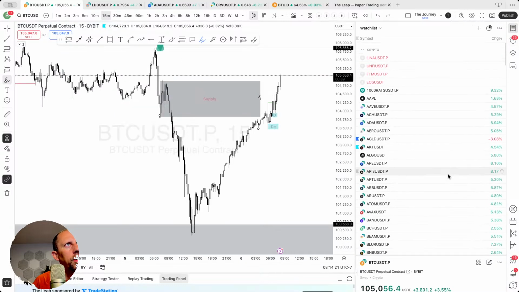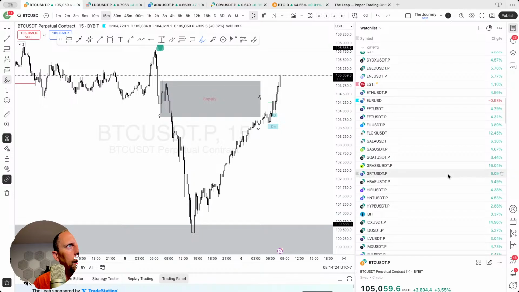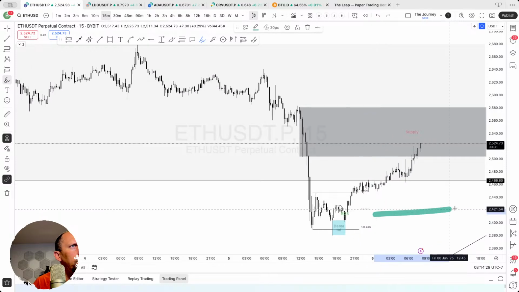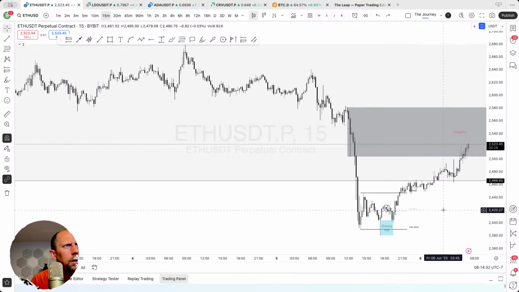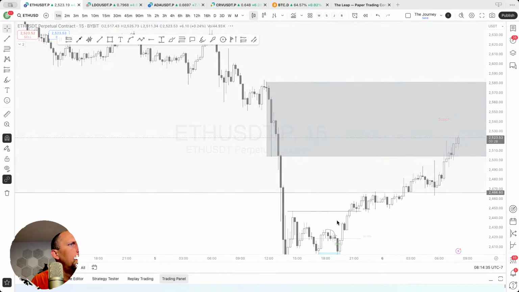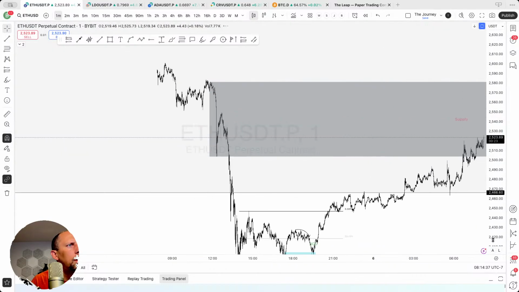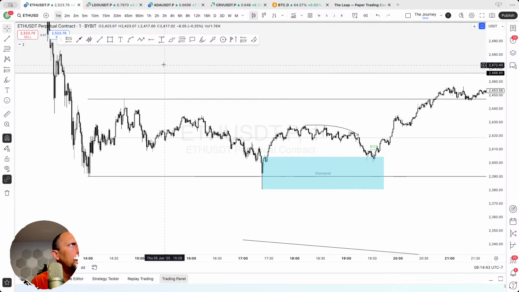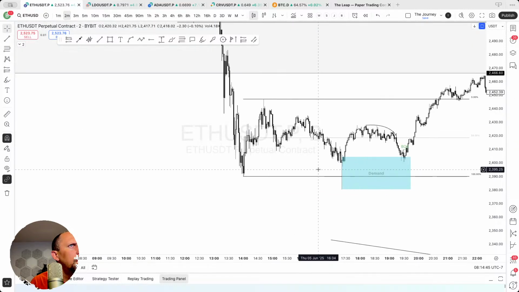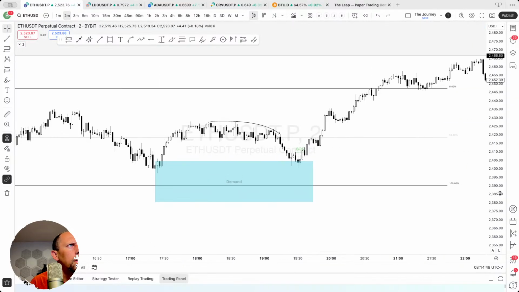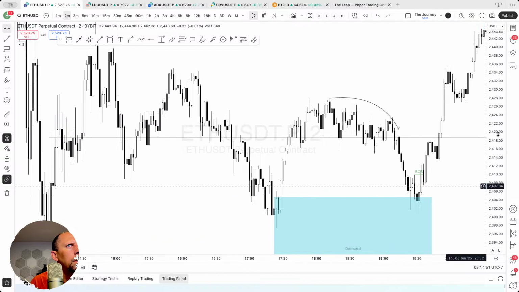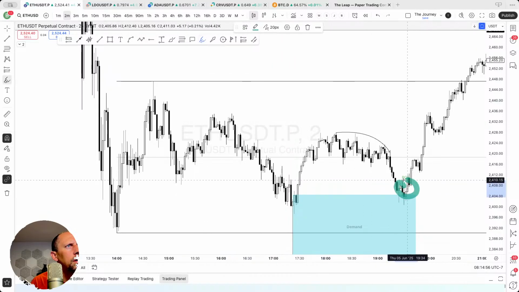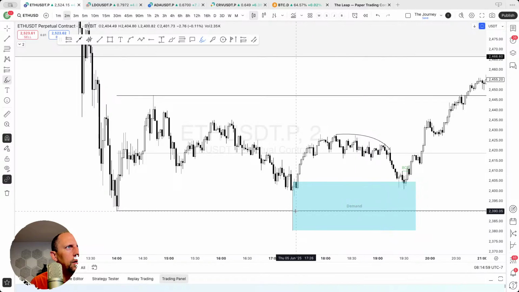Like there was a 1 minute break of structure on ETH, actually it was a 2 minute. To me, I could only make use of this information because of the additional confluence.